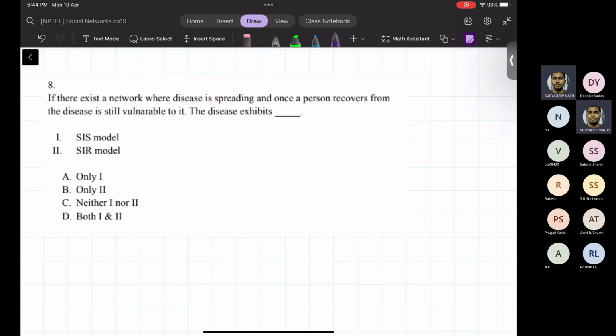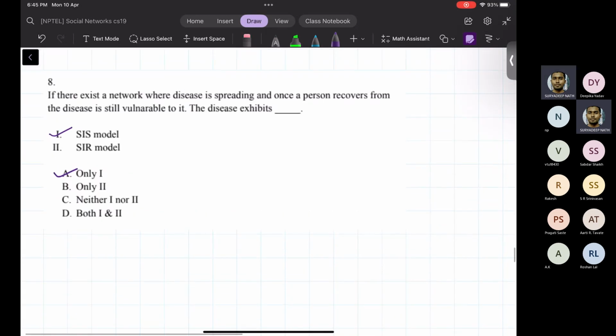So this is the SIS model: susceptible, infected, and then again susceptible. So that is why option 1 is correct. Only one will be correct, so not both 1 and 2. In the SIR model, you will not remain vulnerable to the disease once you have been infected. So the right answer is only 1.